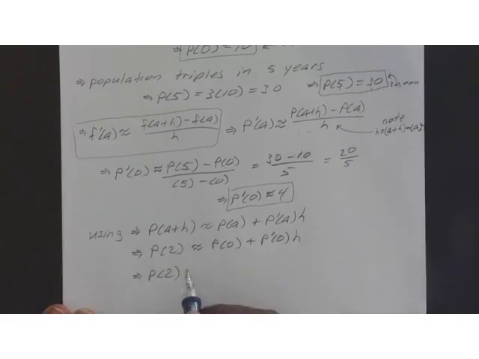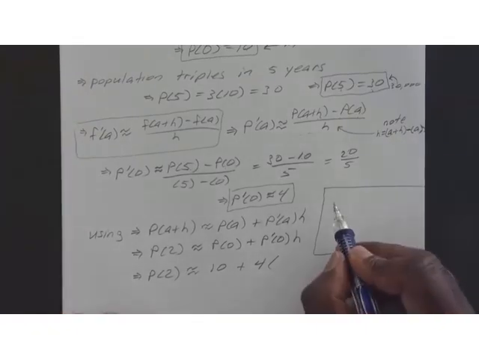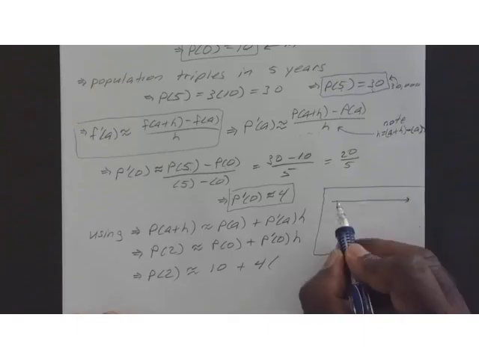Okay, so the population after 2 years is approximately equal to the initial population, which is 10, plus the rate of change at your initial population, which is 4, times your h, which we have to calculate because they didn't give us h. Well, in a way they did. But in this case, it's just 0 and 2, which is 2.